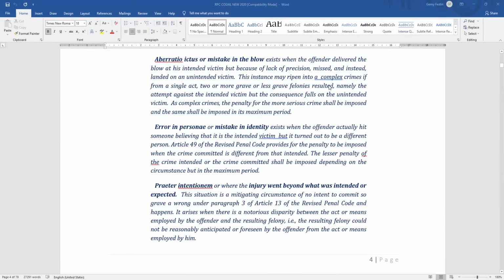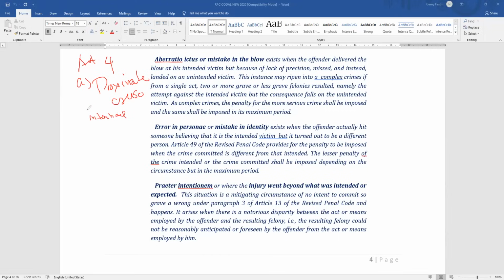And also, under paragraph 1 of Article 4, it speaks about proximate cause. Sabi natin, he who is the cause of the cause is the cause of the evil caused.